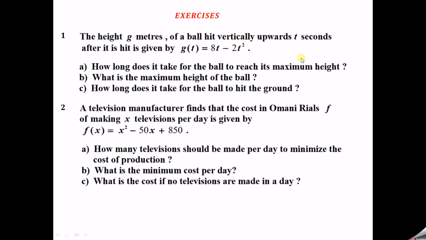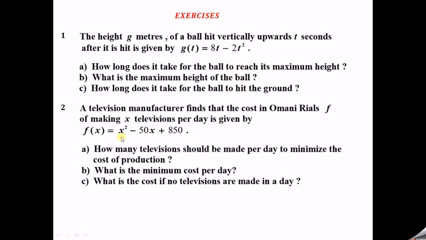So we take t on the x-axis, which is the time, and g(t), the height, on the y-axis. You can draw the parabola and the vertex. The parabola will be downwards because the t squared coefficient, minus 2, is negative.